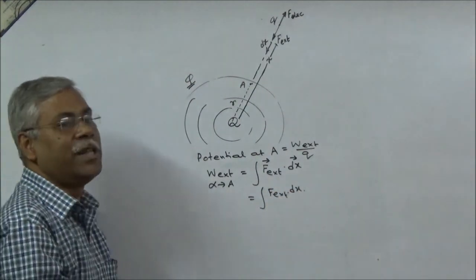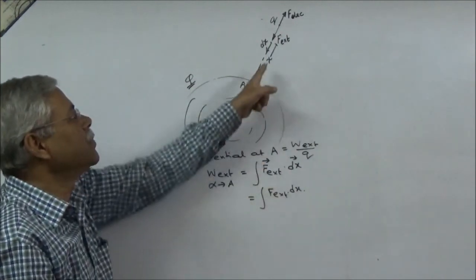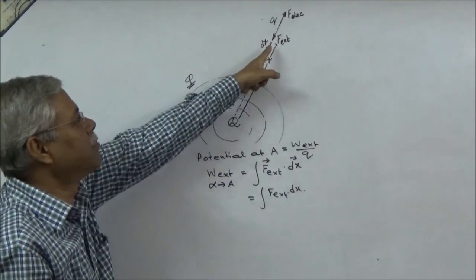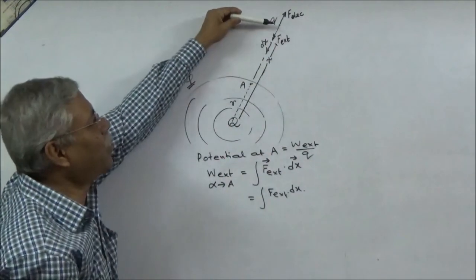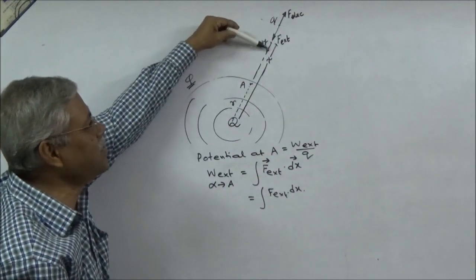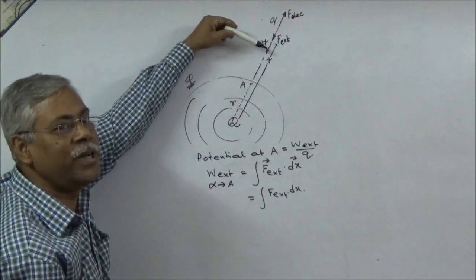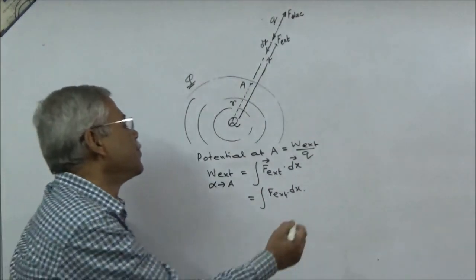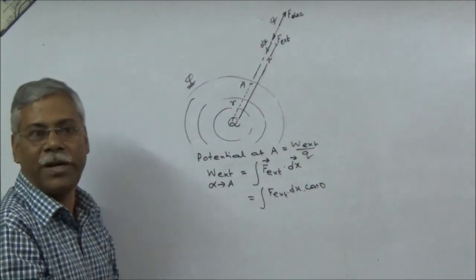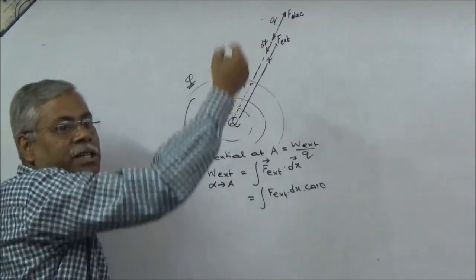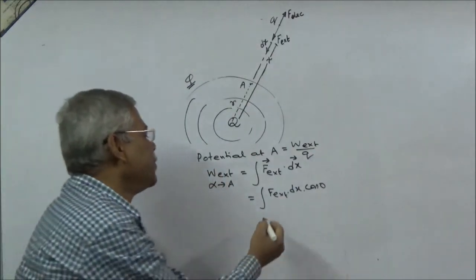What is the angle between these two vectors? No, see the drawing. I have clearly shown it in the drawing. Why are you telling 180 degrees? What is the direction? This is F external, this is dx. The angle between the two is 0. Is it okay? F external is in this direction, dx is in this direction.